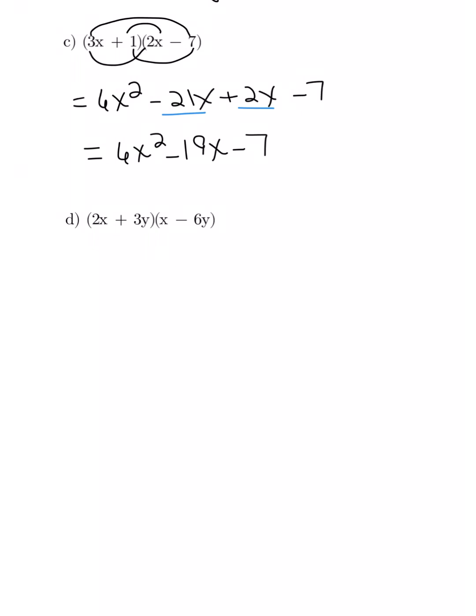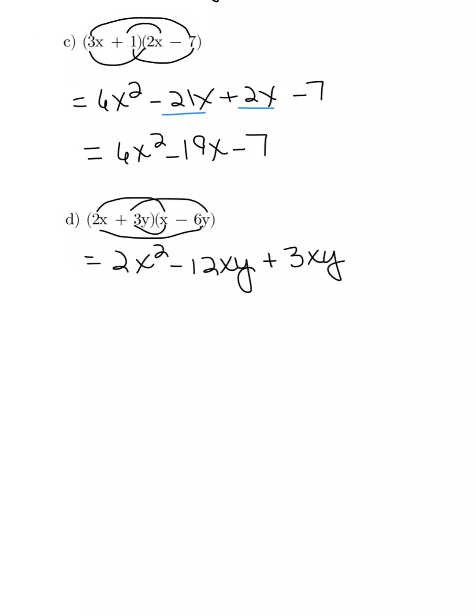For D, take your first times your first. 2x times x gives us 2x squared. Outsides, the 2 times the negative 6y gives us negative 12y. Take the x times the y, you get xy. Insides, positive 3 times 1 gives us plus 3. X times y is xy.